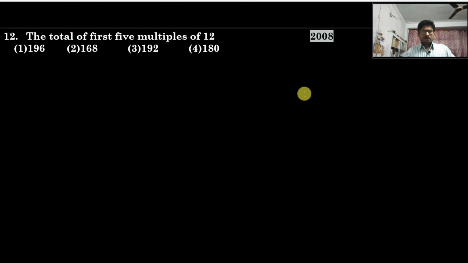Next, 12th question, the total of first 5 multiples of 12. Here we have a formula.